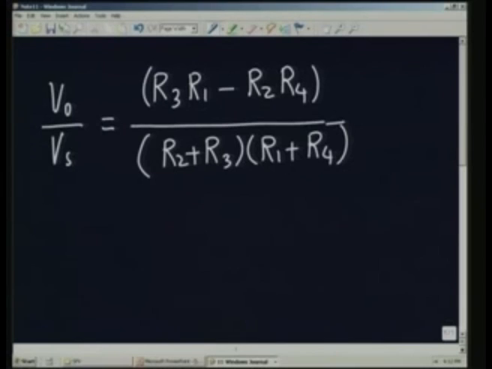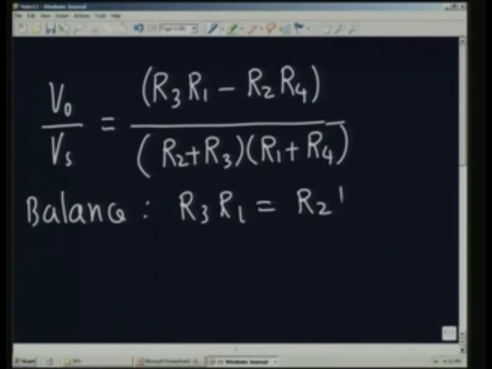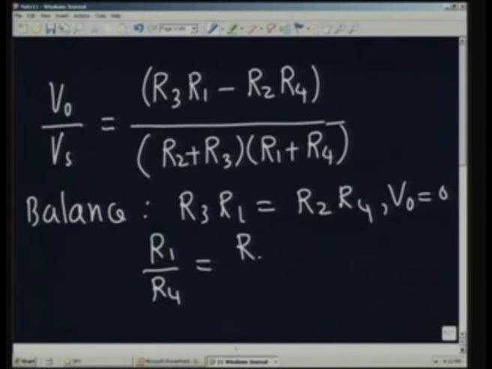You can immediately see that when there is a balance, the condition is R3 R1 equal to R2 R4, then Vo equal to 0. So, R1 by R4 equal to R2 by R3 is the condition.